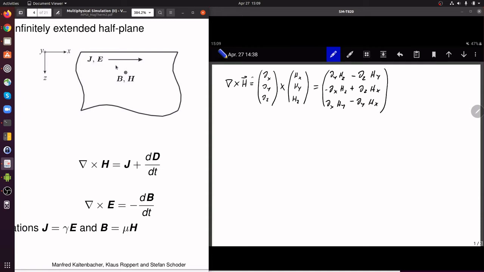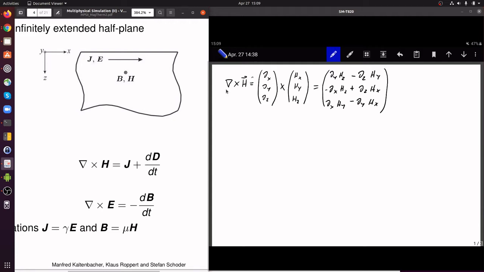Now let's observe if we have any variations in spatial direction of x and y. This is an infinitely extended half-plane, so there are only variations of our quantities in z direction.